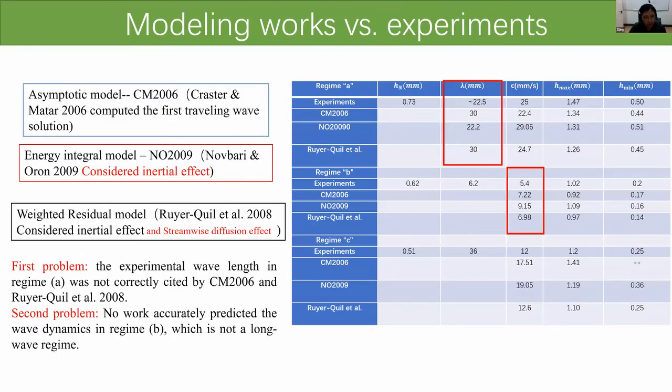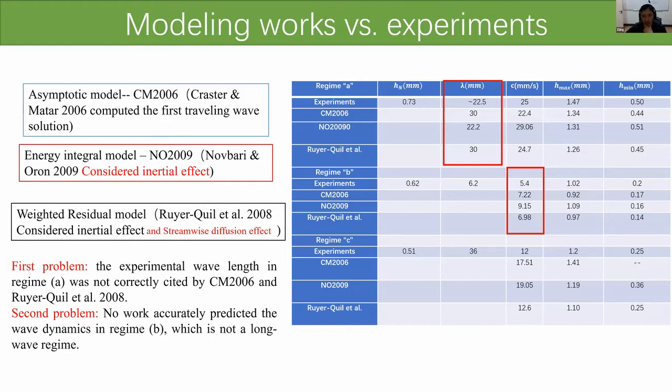Later, Craster and Matar in 2006 proposed an asymptotic model, which is called CM 2006 in this talk. And they computed the first traveling wave solution of the asymptotic model, and they compared their traveling wave solution with the experimental data.